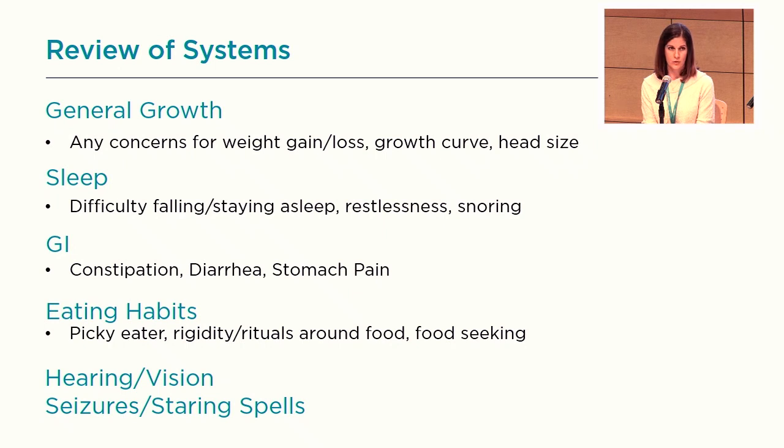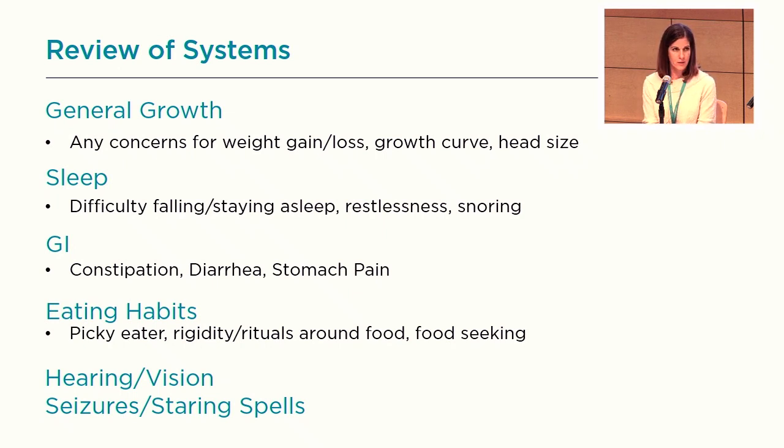Some families may be concerned about children eating non-food items, eating things like chalk or wood or putting everything in their mouth. And we also would ask about food-seeking behaviors. Some children have a hard time stopping eating. So we'll ask lots of questions around that.